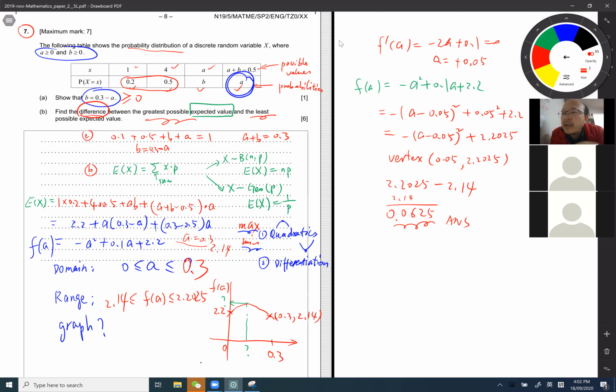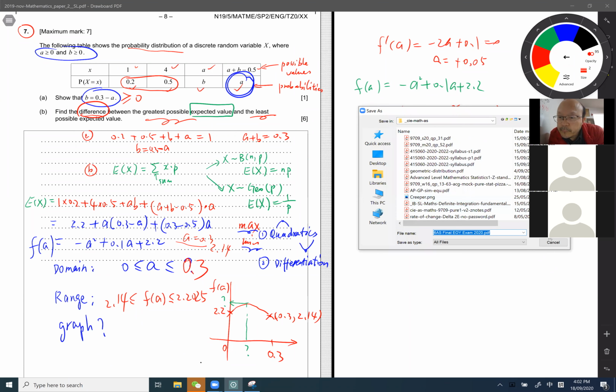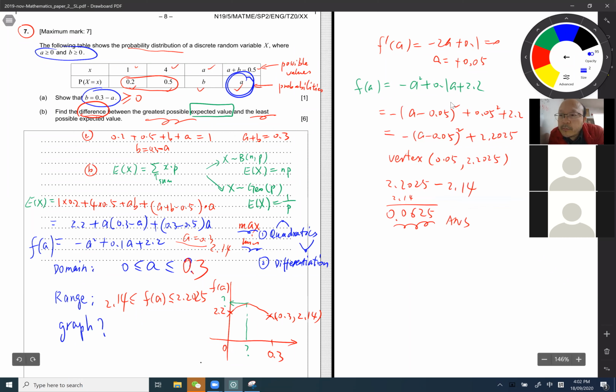When we revise the expected value here, you need to memorize, or know where it is in the formula sheet.